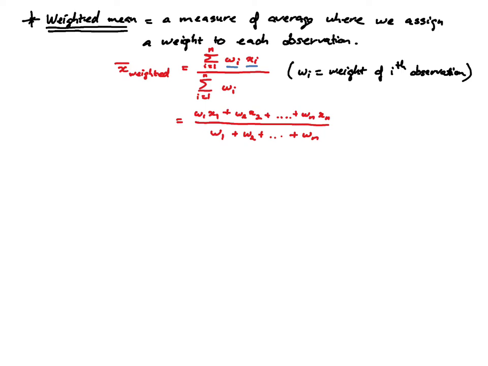So let's look at a specific example. Suppose that in one of the courses that you're taking, you have 5 grade items that determine your total grade. You have the quiz, the homework, 2 exams, test 1 and test 2, and then the final.